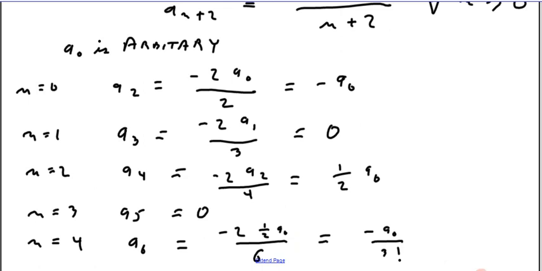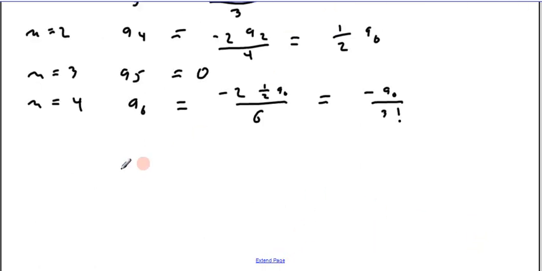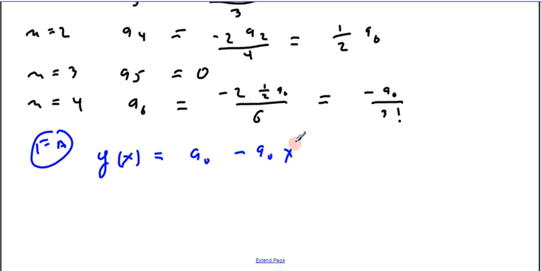We don't like to call things 6 when we can call them 3 factorial. Okay, so I got a final answer. y of x is equal to a0 minus a0x squared plus a0 over 2 x to the 4th minus a0 x to the 6th over 3 factorial.